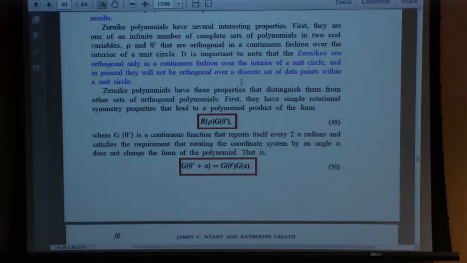Or if I have an optical system with a central obscuration, which is pretty common, the Zernikes are orthogonal over the unit circle, but if you have a central obscuration, they're no longer orthogonal. Now you can go through and find another set of Zernikes that will be orthogonal over the particular aperture you have, and sometimes people do that.